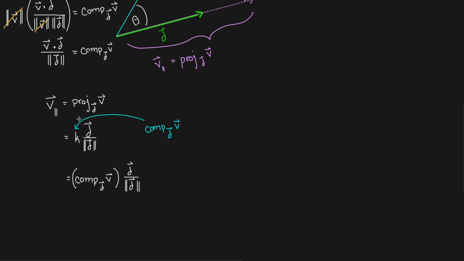So what we really wanted to remember was the projection of v onto d. We found the component of v onto d, so now let's just plug that in here. And we get v dot d over norm d times d over norm d.